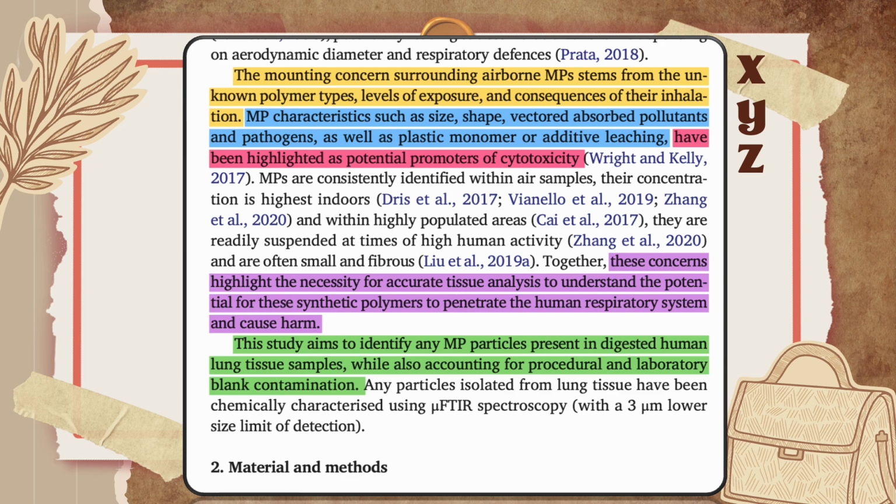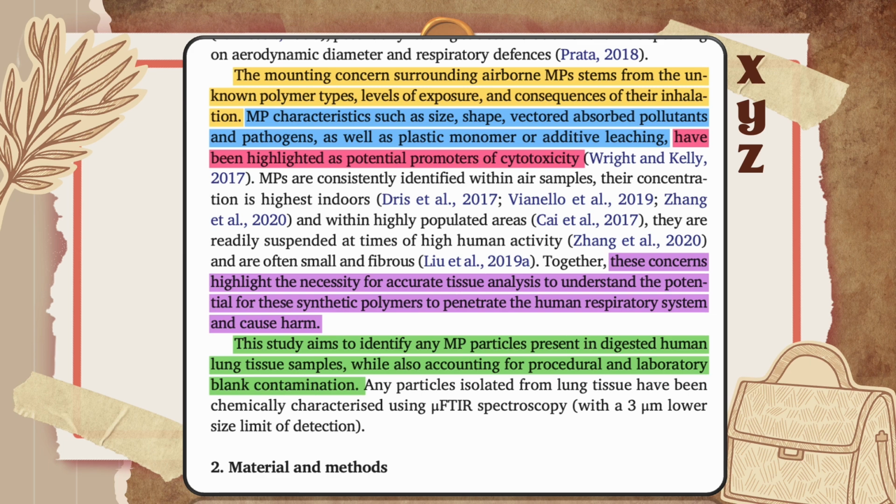So let's take a look at the significance or the concerns that this article was about, the research questions they ask, and then what their objectives are. Here it says in purple, these concerns highlight the necessity for accurate tissue analysis to understand the potential for these synthetic polymers to penetrate the human respiratory system and cause harm.